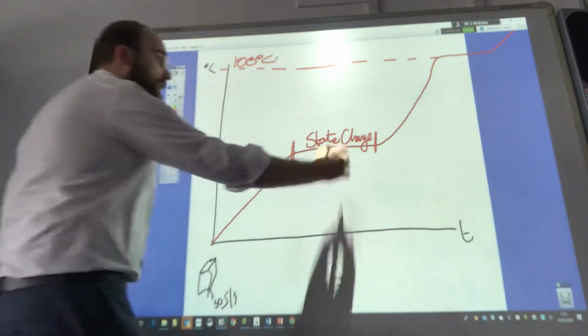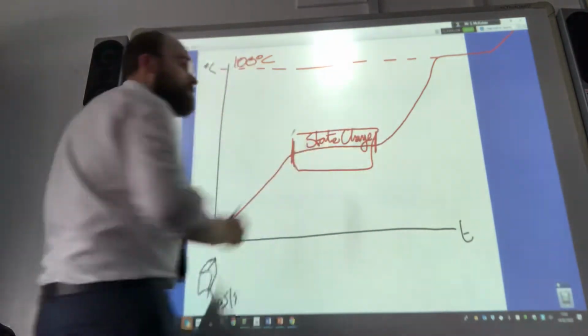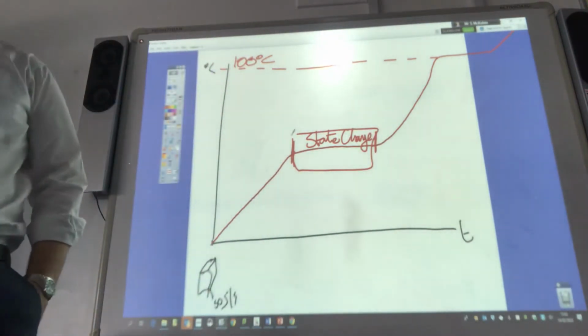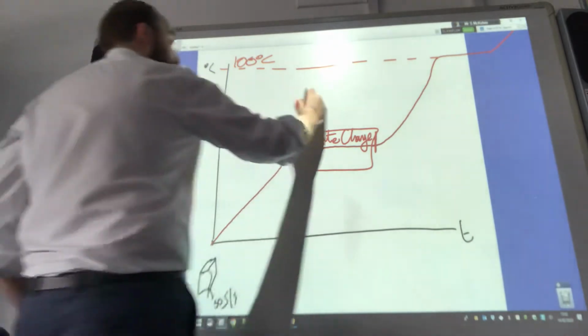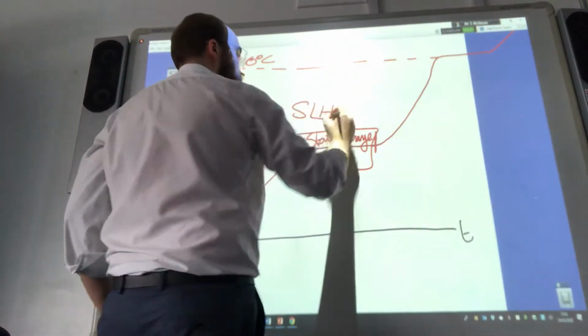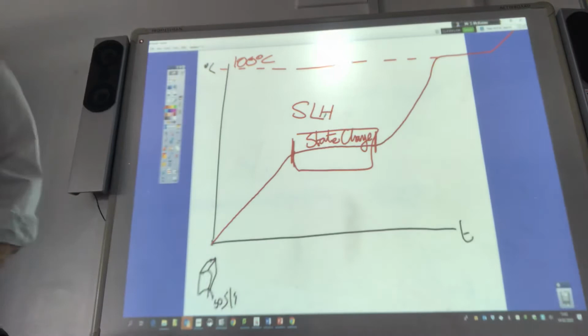The energy supplied to my ice cube for that portion of the graph is the specific latent heat. It is the energy required to change the state of a substance. So the latent heat is the heat that is going into the object without increasing the temperature. All right, Rosie?